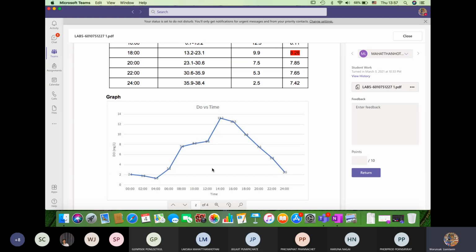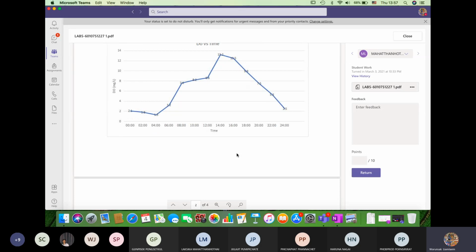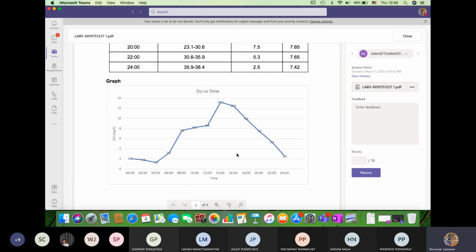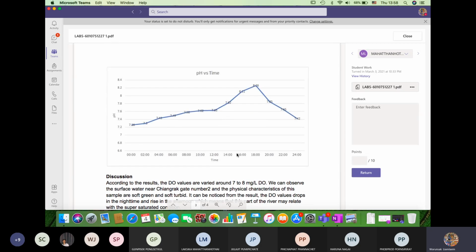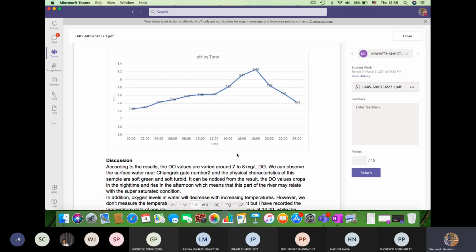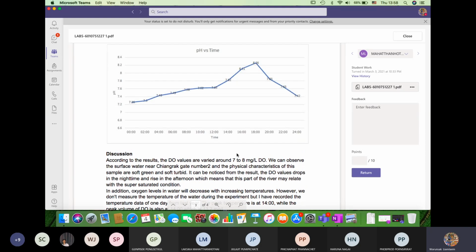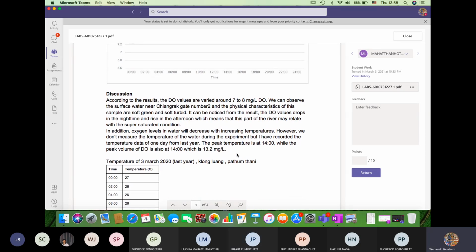Eutrophication, E-U-T-R-O-P-H-I-C-A-T-I-O-N. I think it must be somewhere in the lecture slides, so you can go back and have a look again. The results obtained here clearly confirm the eutrophication that is still going on inside this pond. So actually, it's not a very healthy pond.